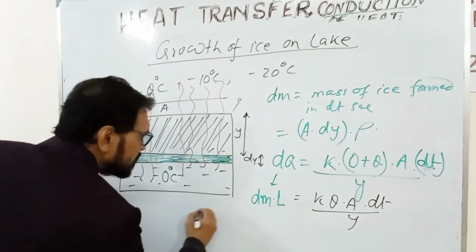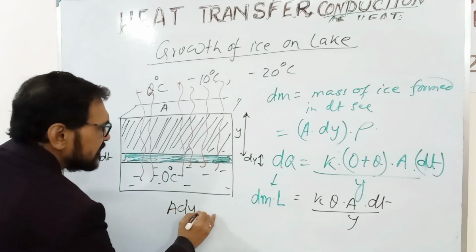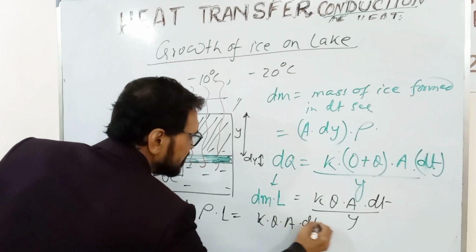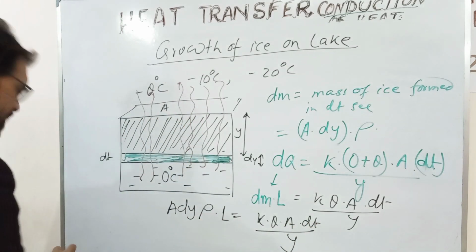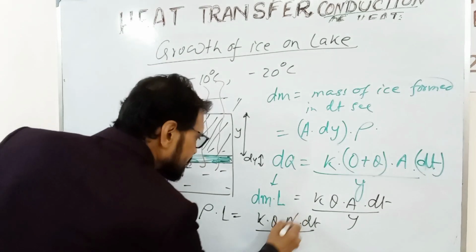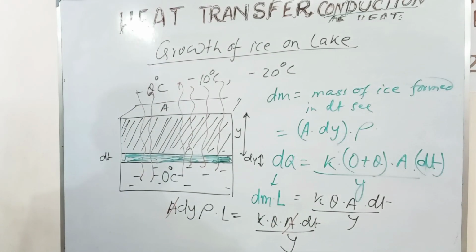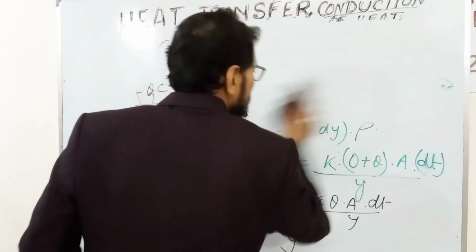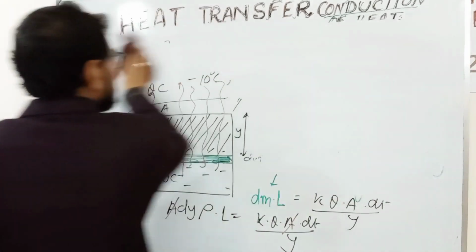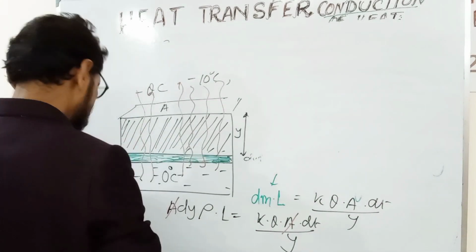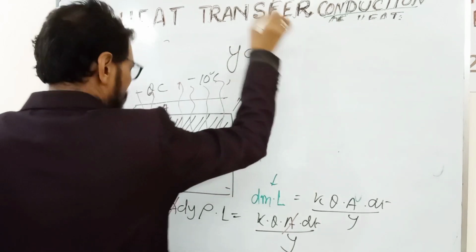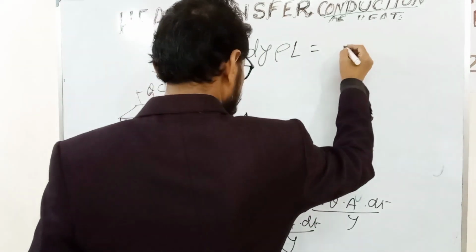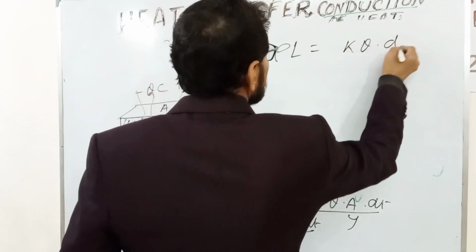Now dm equal to what? dm equal to A into dy into rho into L by y. So cancel A from both sides. So what is the equation? The equation will be y dy rho L equal to k theta dt.